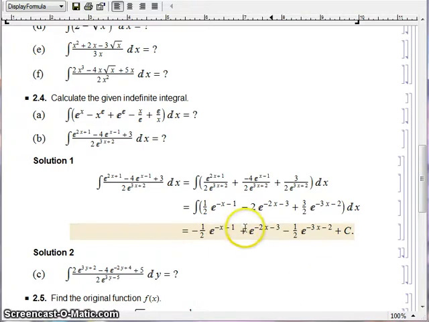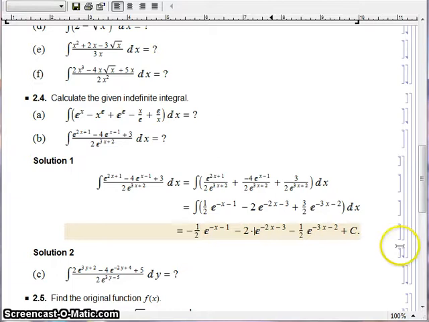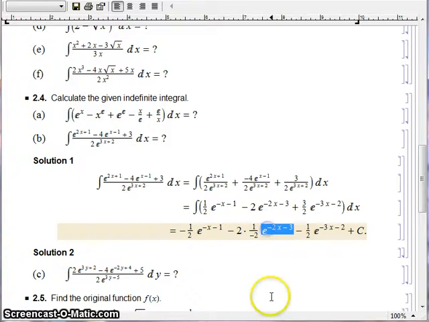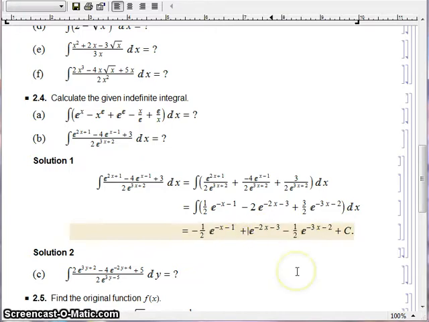How about the next one? We used to have negative 2 down here, and then we need 1 over negative 2 because the a value is negative 2. A simple cancellation, negative 2 times 1 over negative 2 yields just plus 1, so this becomes just plus. How about the third term?